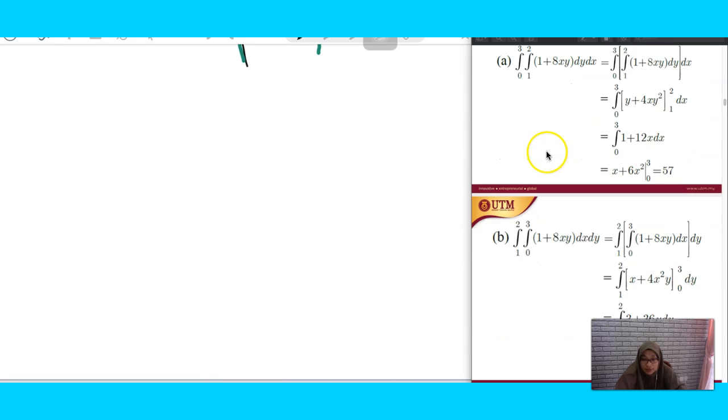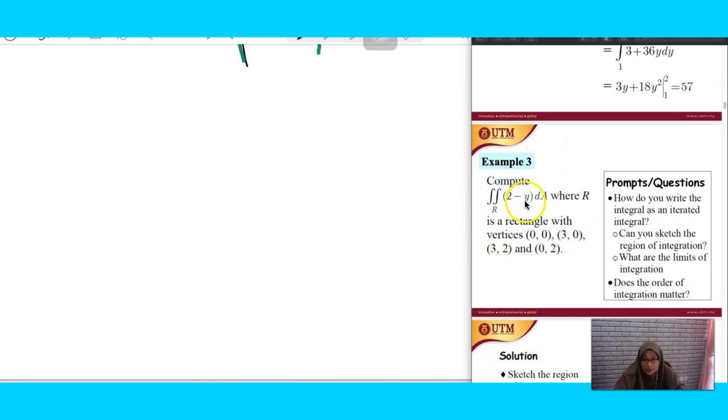But for this example 3, they just give you the integrand, and there is information about what the region looks like. So in this case, you have more tasks: you have to decide which order of integration, whether dx dy or dy dx, and you also have to obtain your own limits by using the information provided.